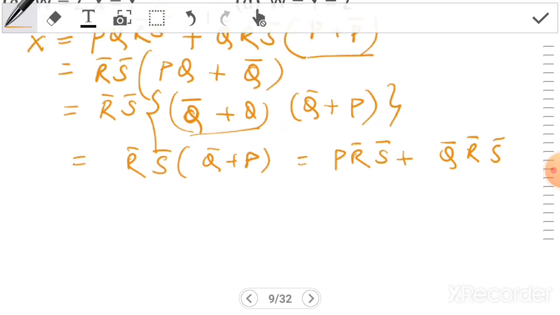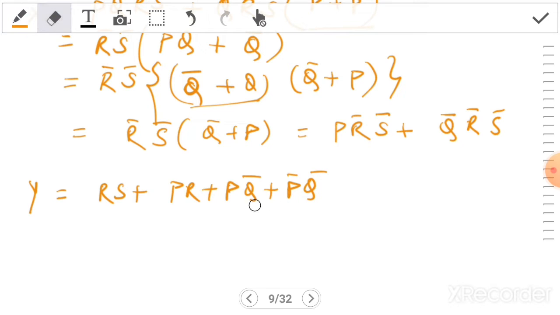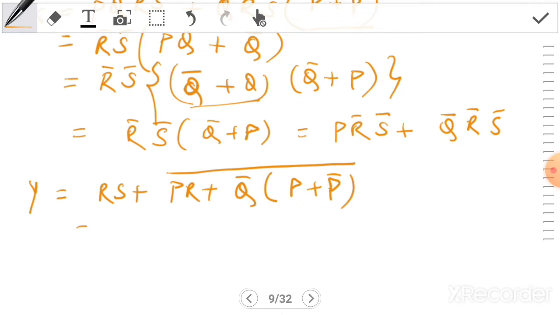Let us rewrite Y as RS plus PR plus PQ complement plus P complement Q complement, or you can rewrite this by taking Q complement common, P plus P complement. Yes. So we have RS plus PR plus Q complement.